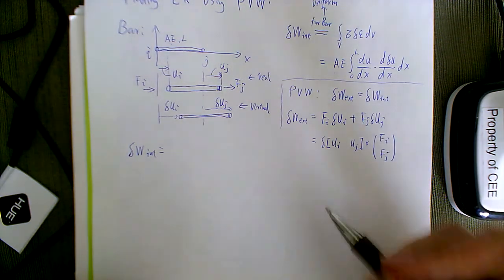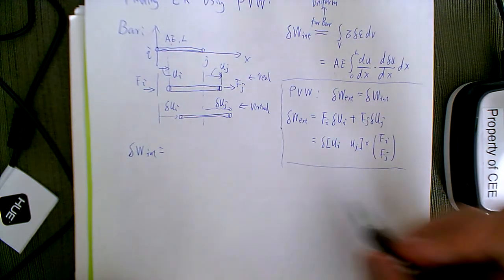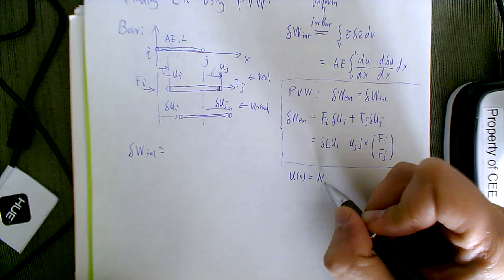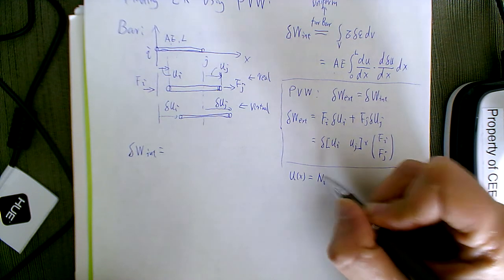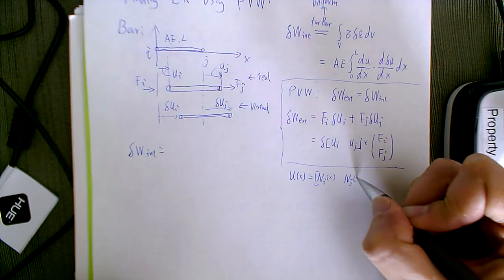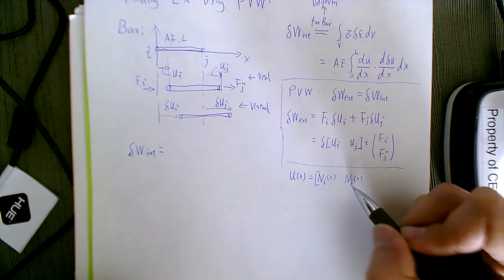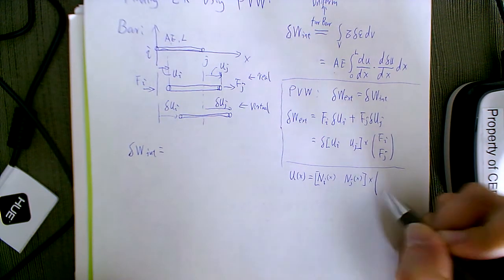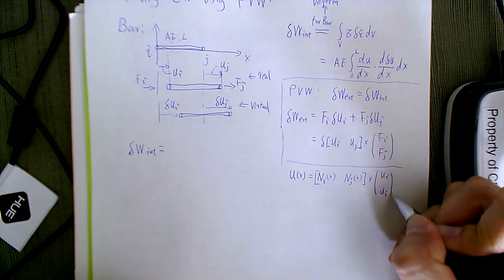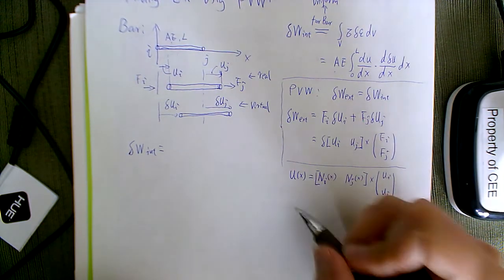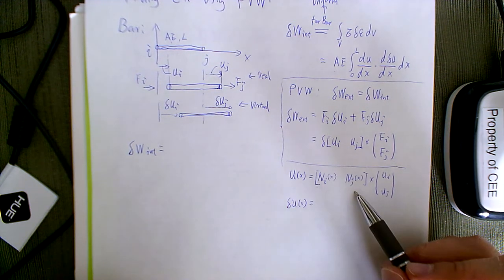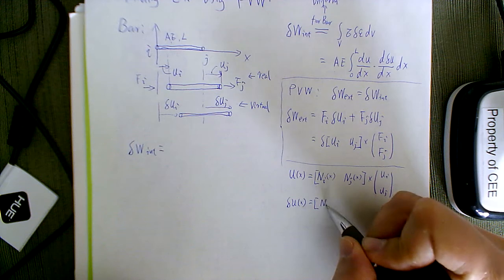If you recall, the displacement function of a bar, we write it as Ni, which is a function of x, and Nj, which is a function of x. I think in the past lecture I used N1 and N2, but it's the same. Times, if it's a real displacement, I'm just going to use ui and uj. That's going to be real. But if it's virtual, those N's won't change because we're going to use the same format.